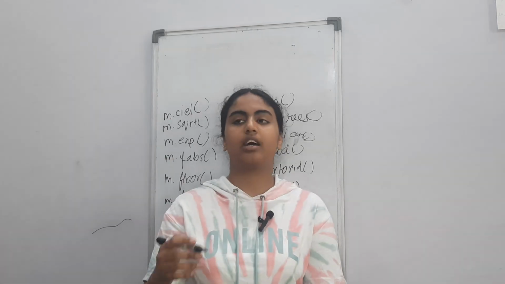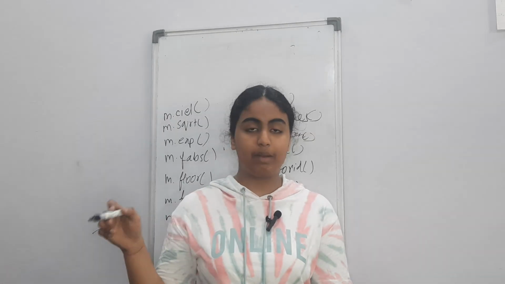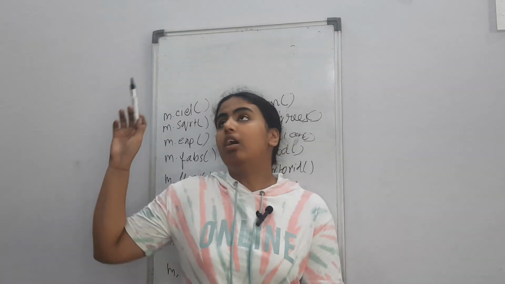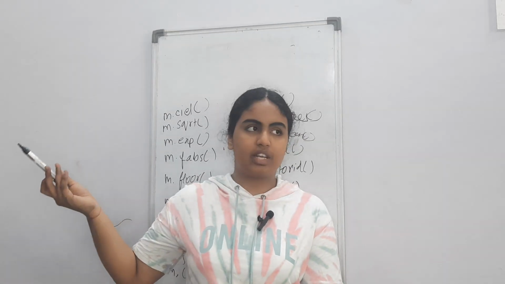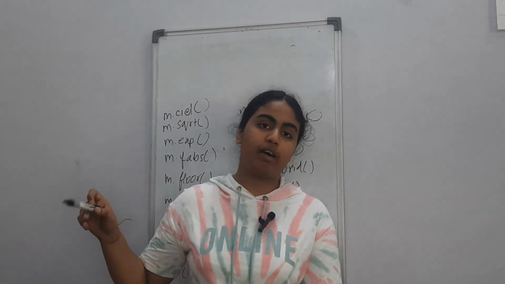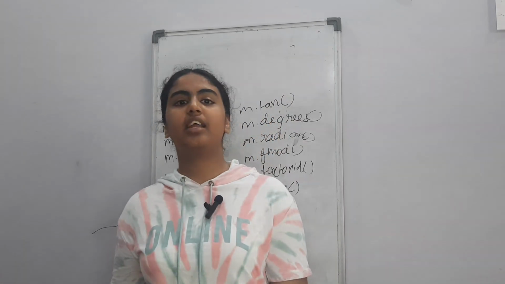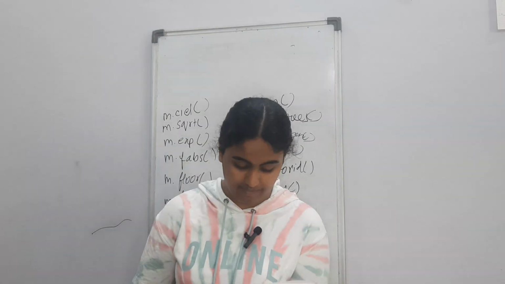For example, m.pow(3, 3). So 3 to the power 3 would be, 3 to the 9 and 9 to the 27, so it would be 27.